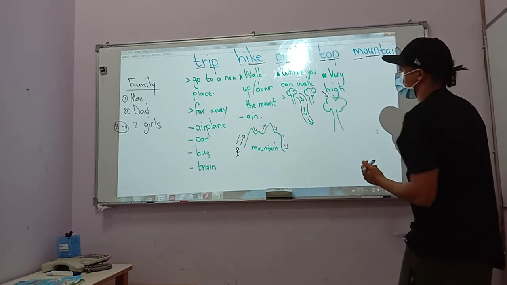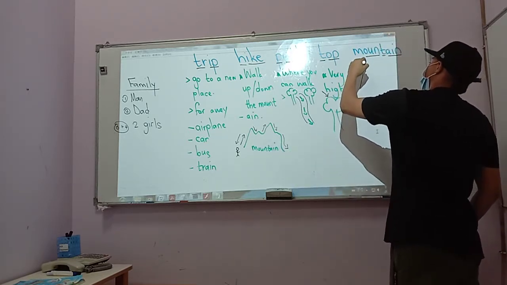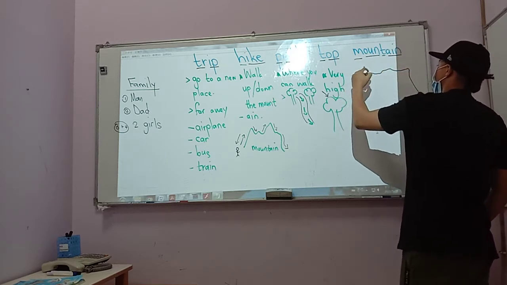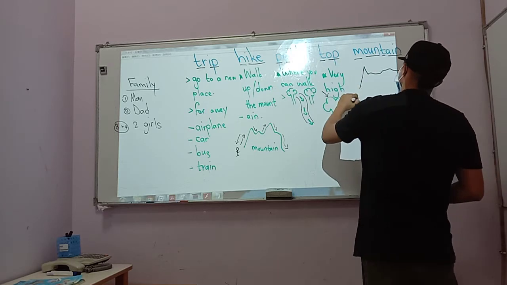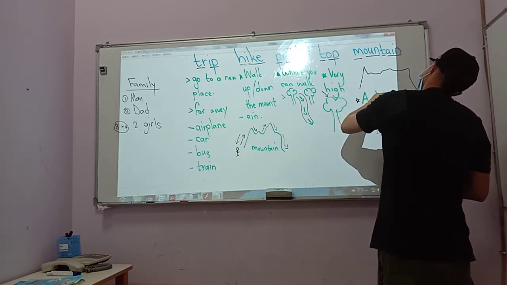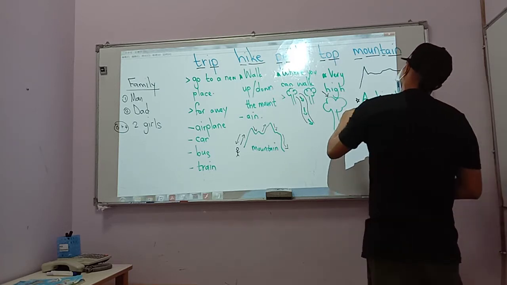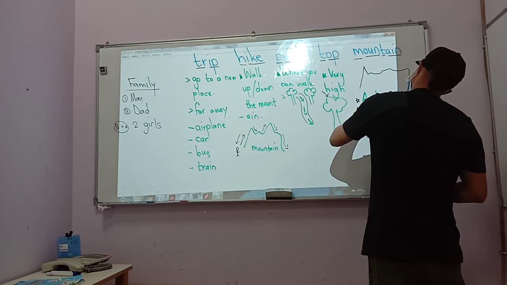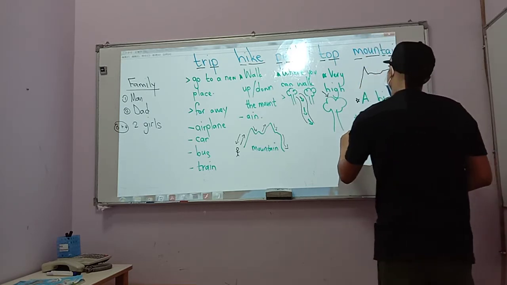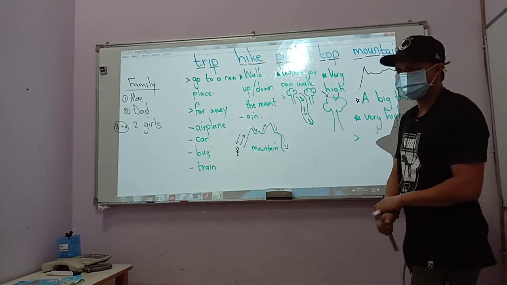And of course, a mountain like this one over here, right? We can have a beautiful mountain, all right? And the mountain is obviously a big thing. It is also very, very high. Do you know any animals that live on the mountain?